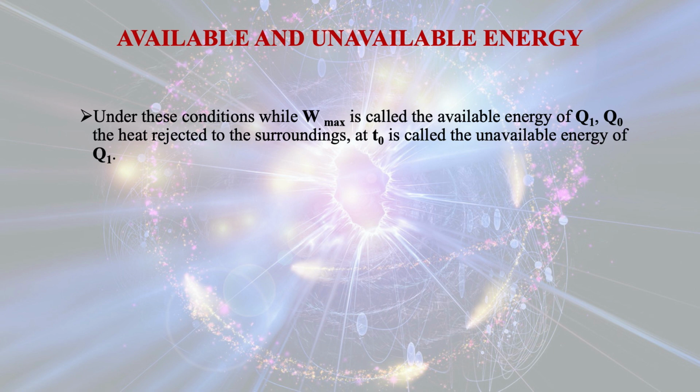unavailable energy of Q1. So, what is unavailable energy? You are getting the maximum work, that is W max, out of the total heat available at the beginning, that is Q1. So, Q1 minus W max is the unavailable energy.